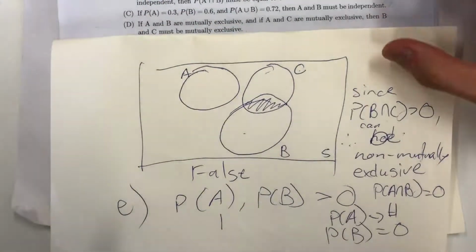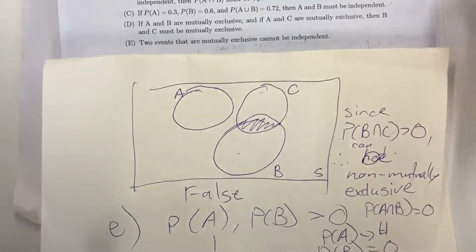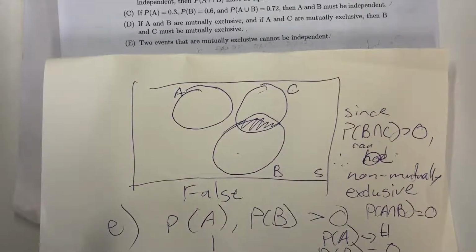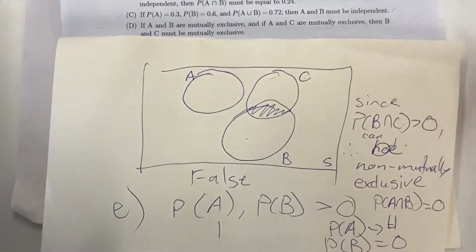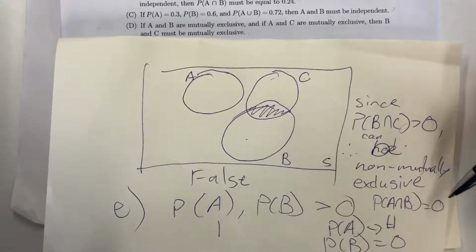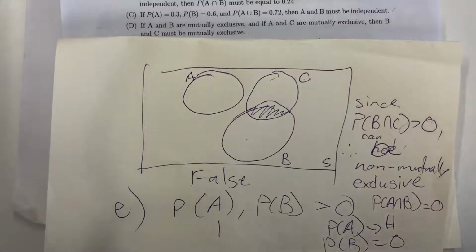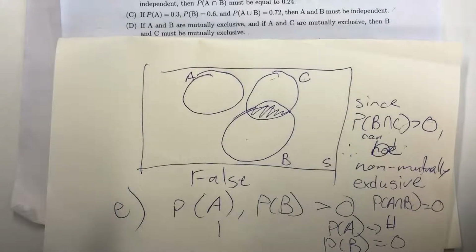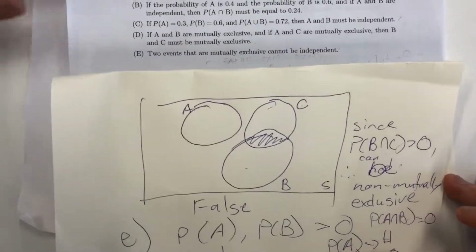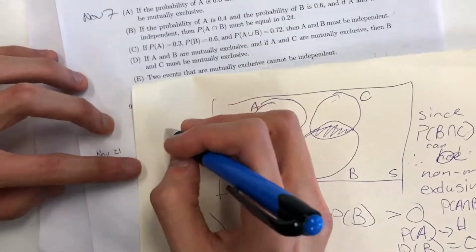If events are dependent, that means that knowing one event will alter the probability of the other event. So if I know that probability A is going to be some number, then probability B has to be equal to 0 in order for the mutually exclusive condition to be satisfied. So the letter choice here should be D.